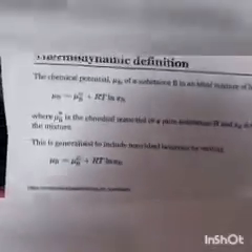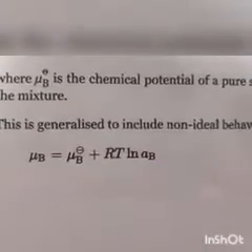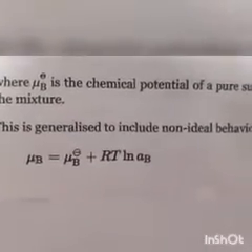This is generalized to include non-ideal behavior: mu B equals mu B theta plus RT ln AB.